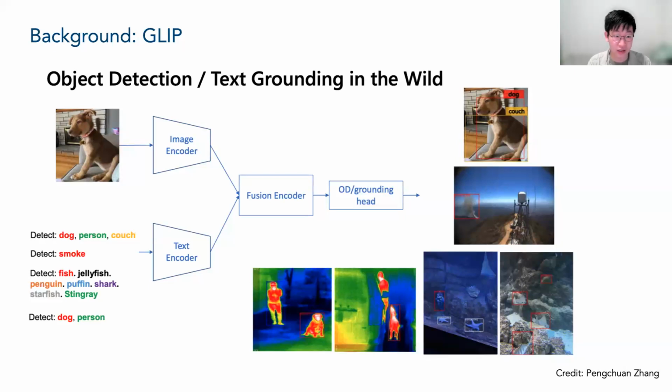So in the end, what you get is object detection or text grounding in the wild, where at inference time you can just feed in whatever you want to detect. And because the pre-training covers a lot of data, hopefully you can get it right even in a zero-shot manner. On the right, you can see some real examples of our model.